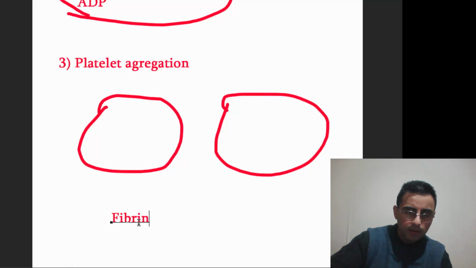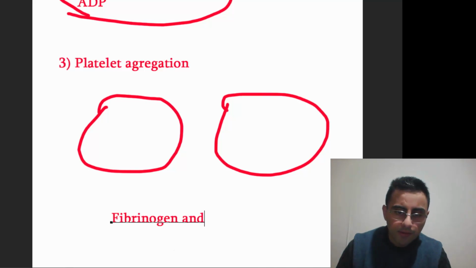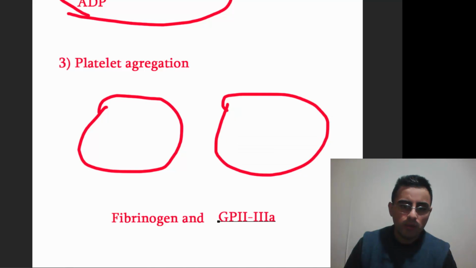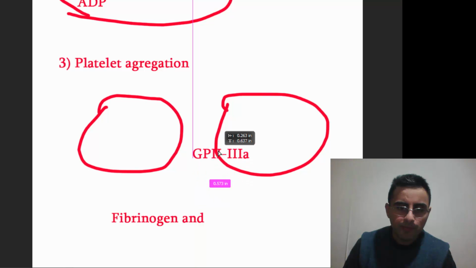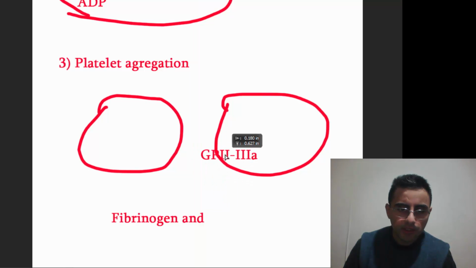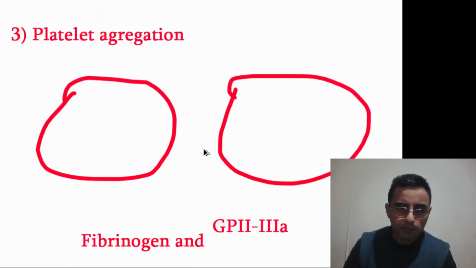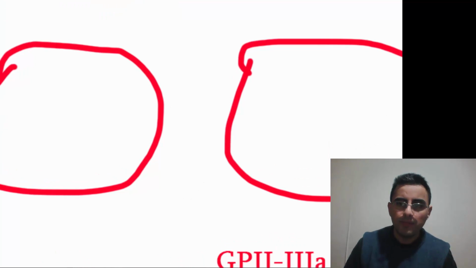Fibrinogen and glycoprotein 2,3A. Here is this glycoprotein. Let's paint it. These are 2 platelets.